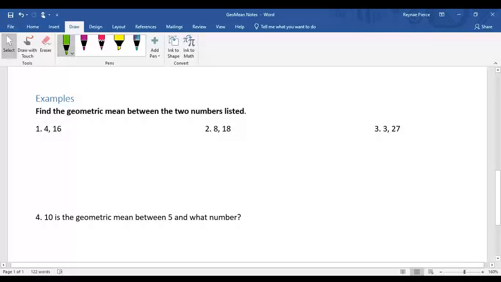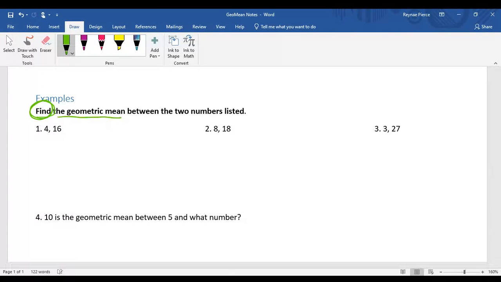So some examples here. When we are trying to find the geometric mean, that means x, or a variable, shows up twice, just like we did above. We want to know the geometric mean between 4 and 16.